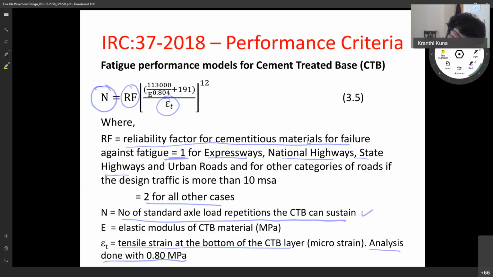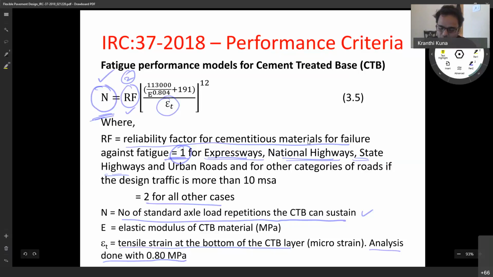For expressways, we take high reliability, which means this factor is low, which means this N value will be lower for the same pavement thickness. So we use the low factor for expressways, national highways, state highways and urban roads. If it is low volume roads, we use 2.